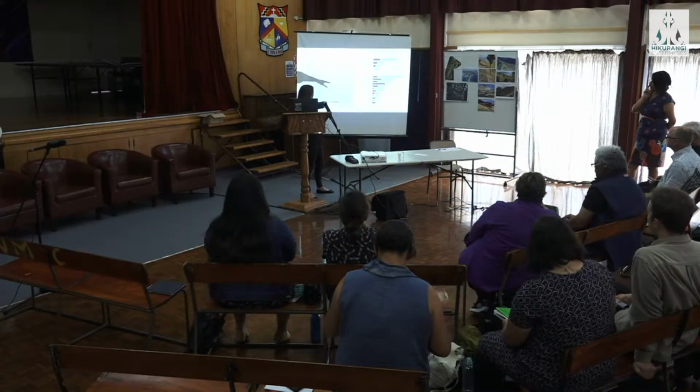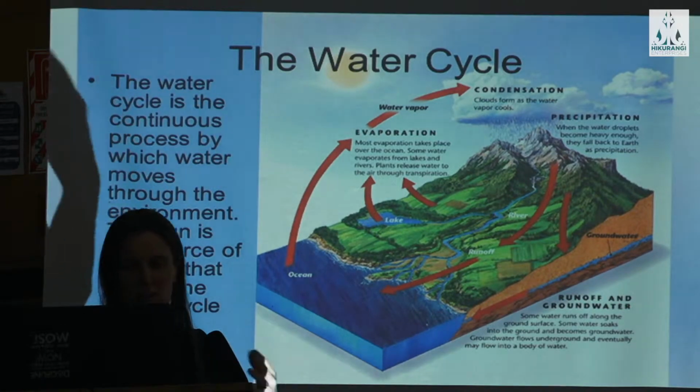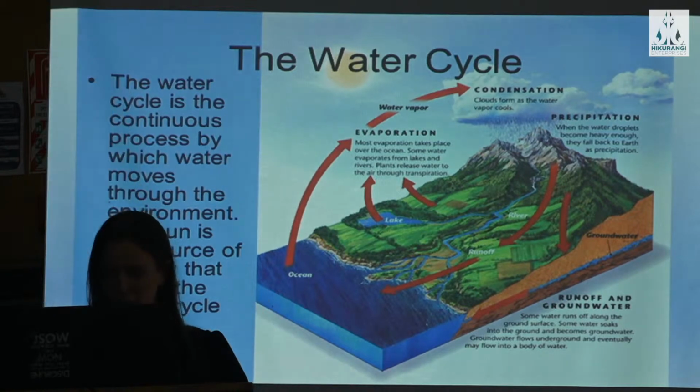But even in the Gisborne region, even though you're right down there on the smaller area of the scale, there is still groundwater that you utilise, and it is a finite resource. So that's just to bring in perspective again that groundwater is just one part of this whole cycle. So if we impact groundwater, we also end up impacting surface water as well, and oceans, the whole cycle essentially.